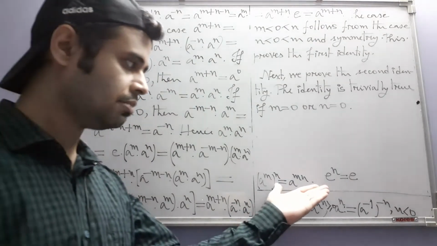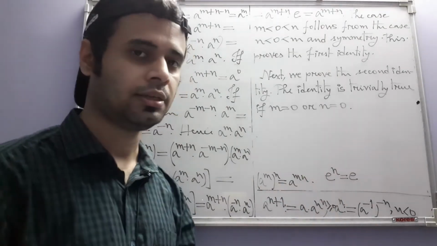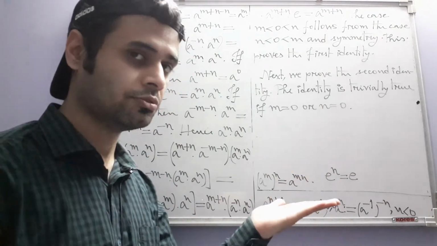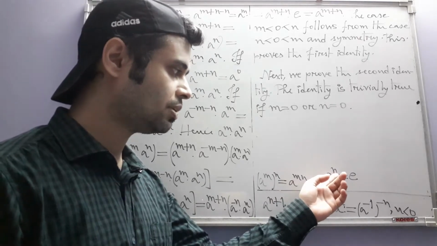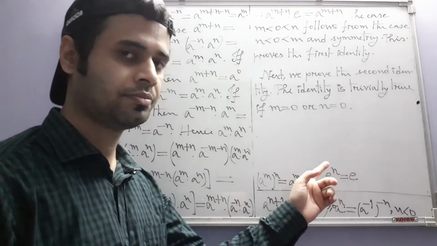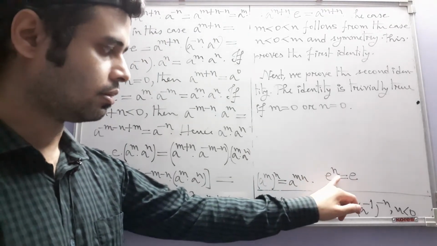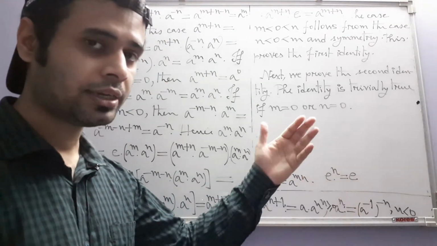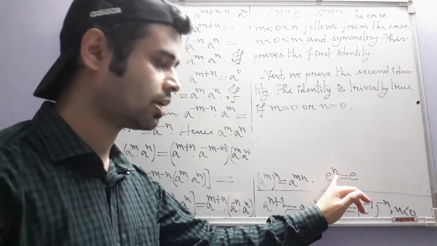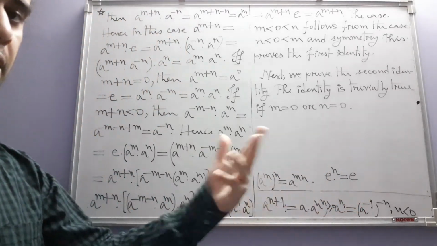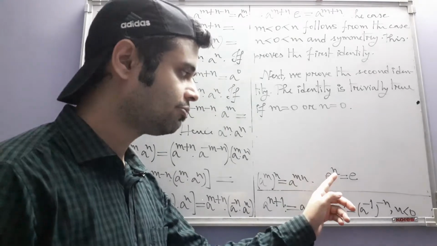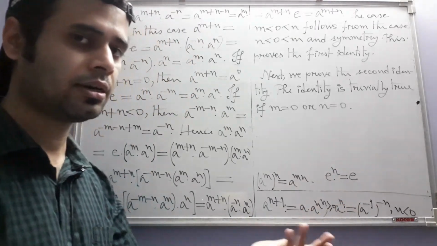Now this thing seems like it's a trivial thing, but this also needs a proof actually, and you can prove it by induction on n. Keep in mind that you can apply induction only in the case where n is a positive integer or a non-negative integer. The negative case you have to again separately settle.